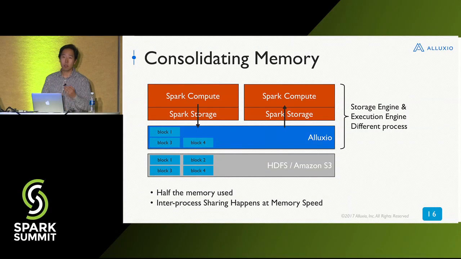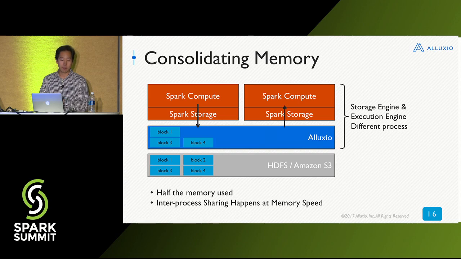If we add Alluxio in the picture, the storage can be essentially offloaded to Alluxio. By keeping the storage in Alluxio, the different Spark computation contexts do not have to store it in their memory anymore, and they can just access it directly from the Alluxio managed memory.